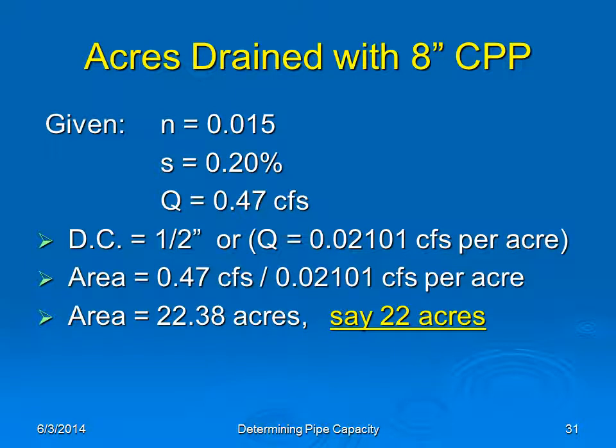So if we divide 0.47 CFS by 0.021 CFS per acre, we find that the area drained with that 8-inch corrugated plastic pipe is 22.38 acres. So we can say that an 8-inch corrugated plastic pipe has capacity to drain 22 acres at a drainage coefficient of 1/2 inch.